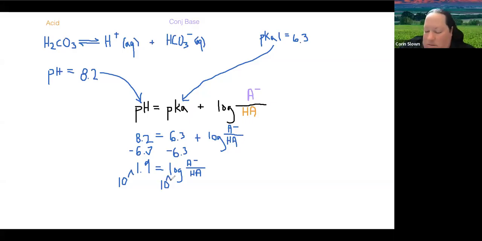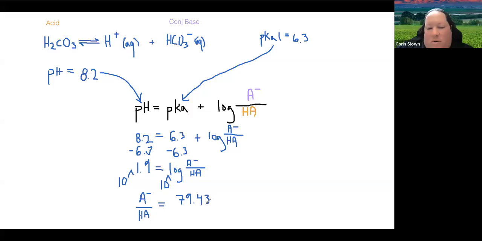So if we do that on your calculator, it may be a shift button. So I get 79.43. So A minus over HA is equal to 79.43.